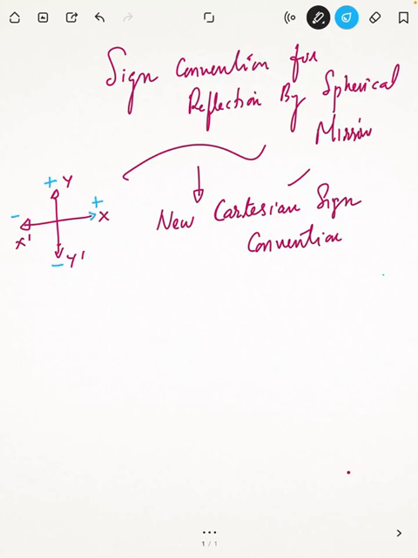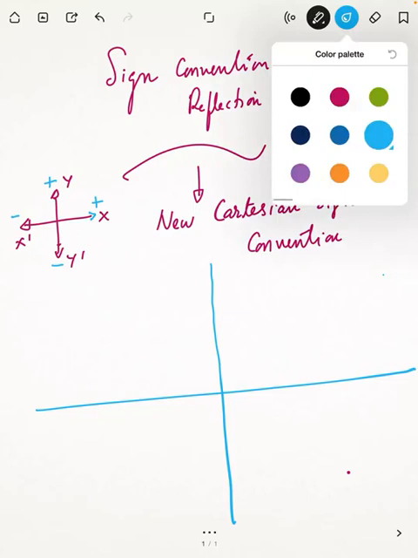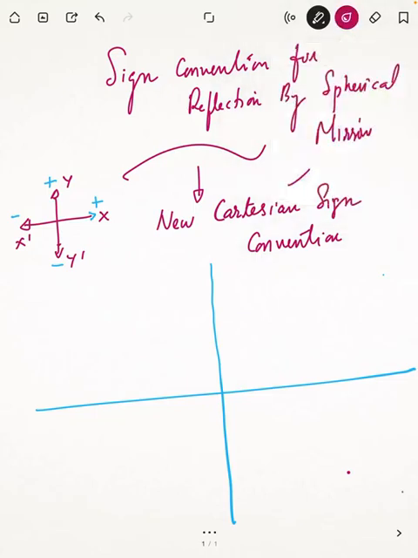For this, we'll see the Cartesian coordinate system. I am going to draw the xy axis. Now, in this case, the pole of the mirror will always be at the origin.